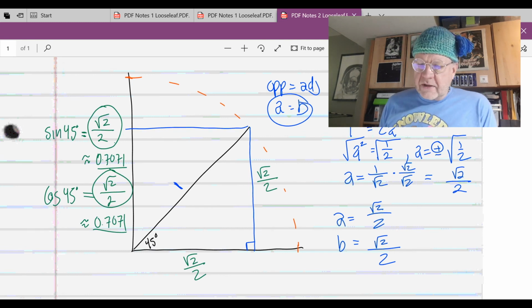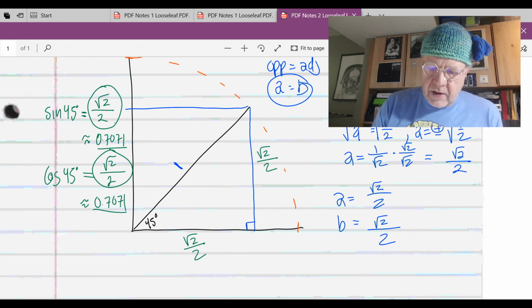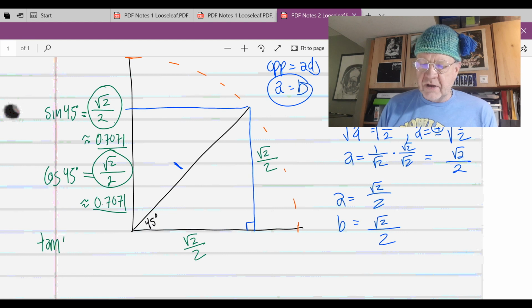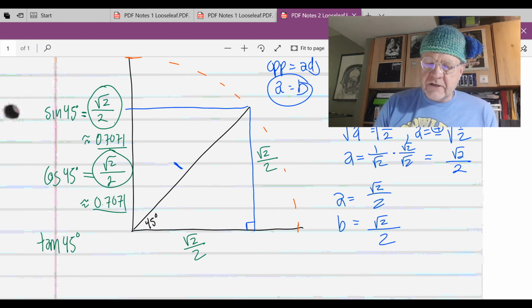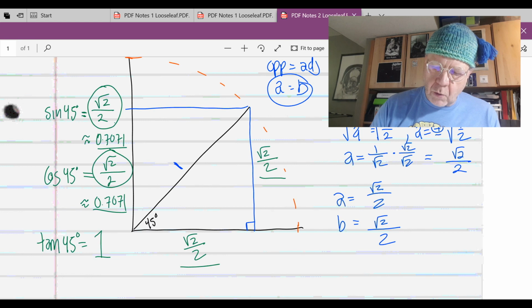I think we can go one step further and figure out the exact value of the tangent of 45 degrees without doing much complicated math at all. Tangent 45 is opposite over adjacent. Well, opposite equals adjacent, so anything divided by itself is a big fat 1. There's your answer.